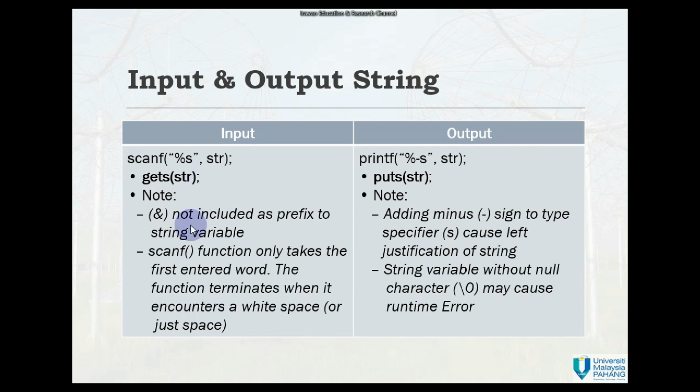Okay, for the scanf, for example, there is a bit of a difference when you use gets and scanf here, whereby we didn't put the ampersand as a prefix for the string variable, because the scanf function only takes the first word. The function will terminate at the white space, or just a space. That's why in the first example we had a problem with recording the space.